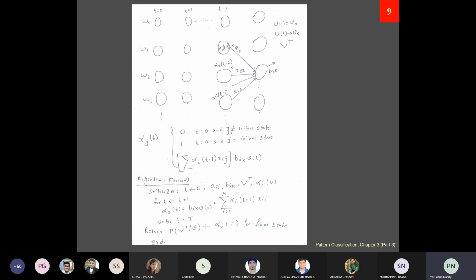So that is a12. Now alpha 1 t minus 1 into a12 will be multiplied. Similarly alpha 2 t minus 1 means the probability that the model is in a particular state w2 at time instance t minus 1.